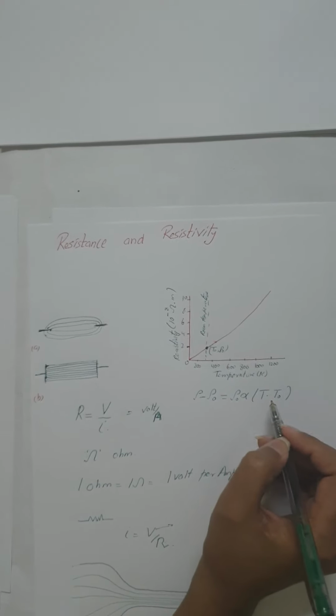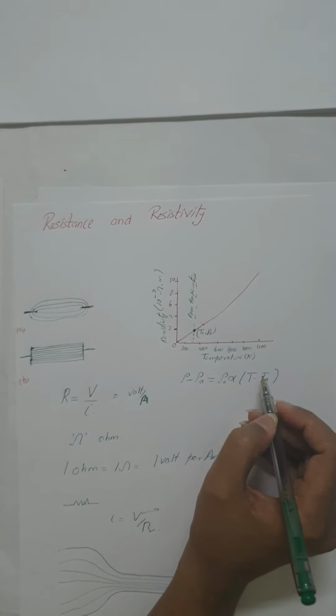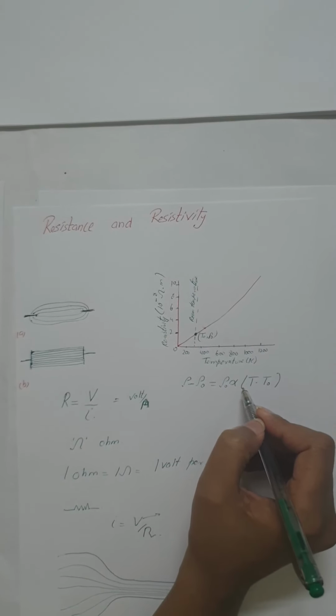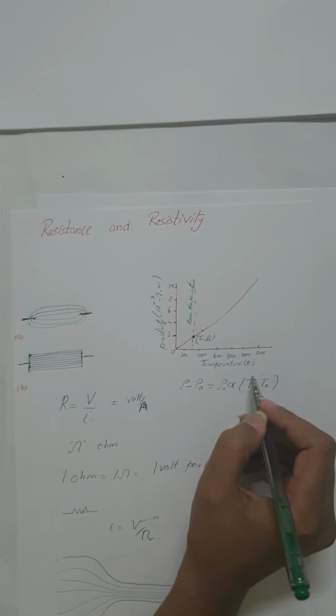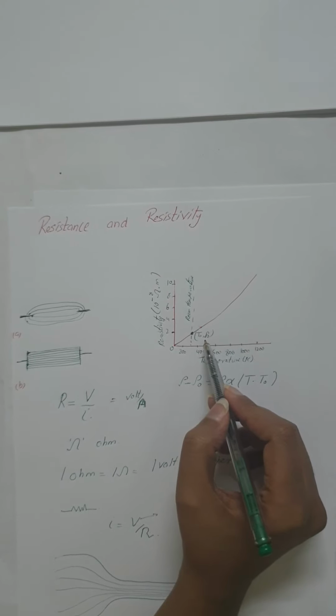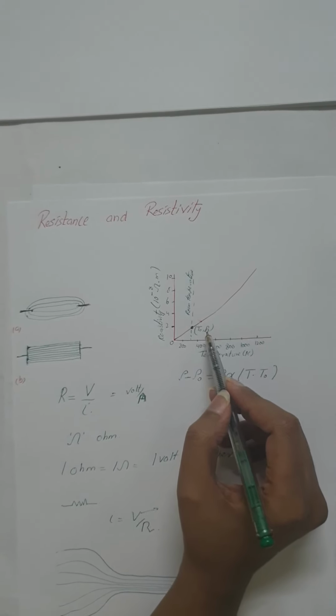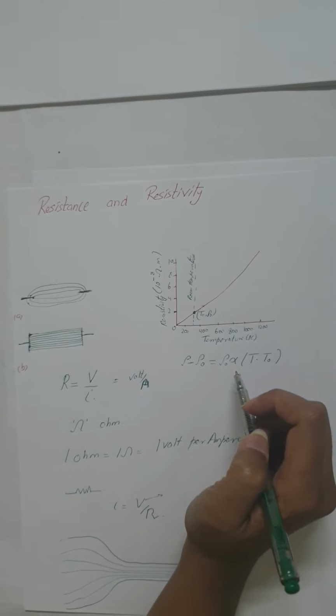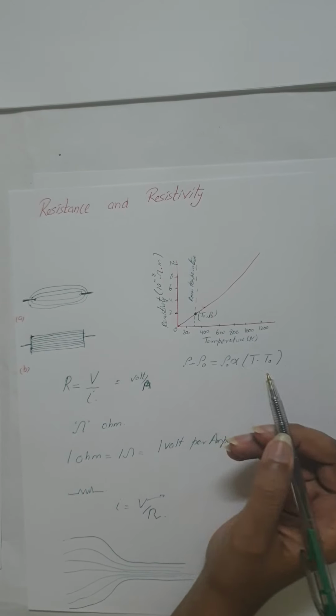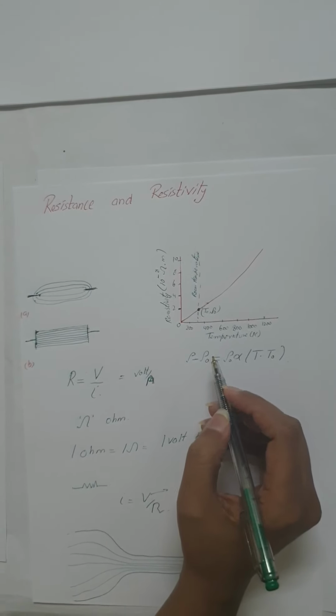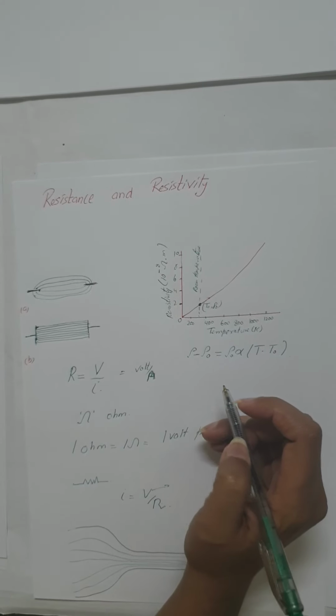So T naught is a selected reference temperature, and rho naught is the resistivity at that temperature. Usually we take T naught as 293 K, which is room temperature. And rho naught for copper is 1.69 × 10⁻⁸ ohm meter.